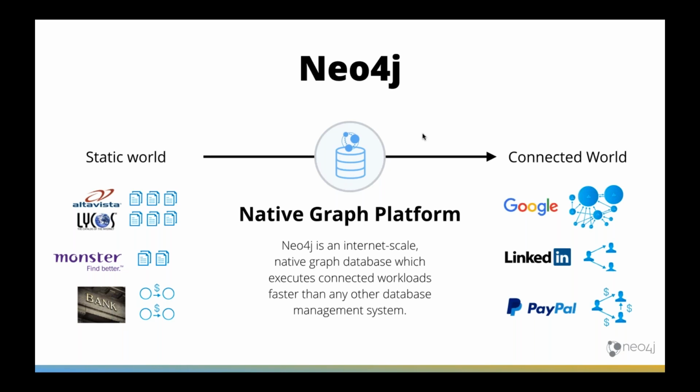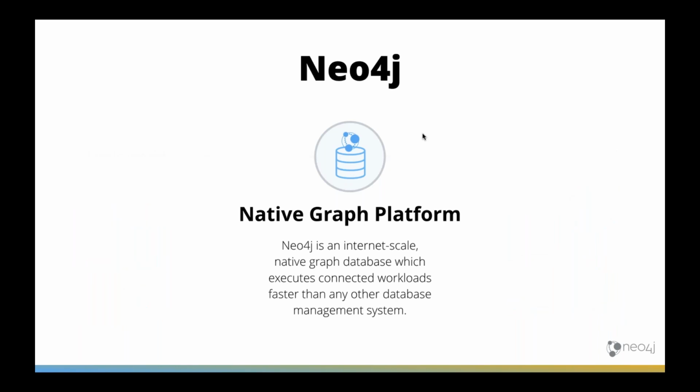Google, using graph and PageRank, probably one of the most well-known algorithms out there, serves up information amazingly fast and very complete. LinkedIn we already talked about as well. If you think about Monster versus LinkedIn, there's just no comparison in today's world. And then PayPal, how often that's used now versus even five years ago. So we really are trying to help people move into this more relationship-based way of looking at information.